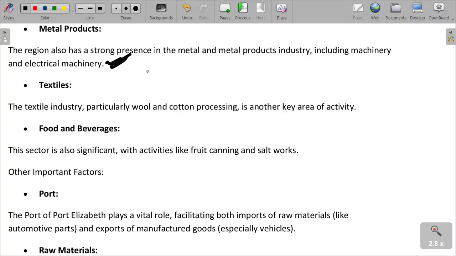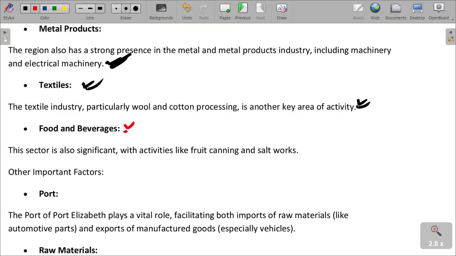We can talk about textile. The textile industry, particularly wool and cotton processing, is another key area of activity. Uitenhage actually focuses more on producing jackets, producing heavy warm clothing during the winter areas.